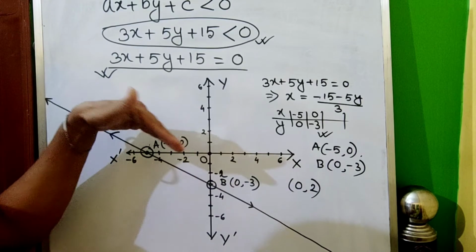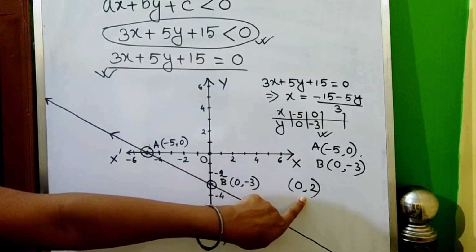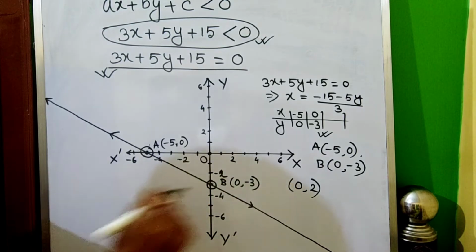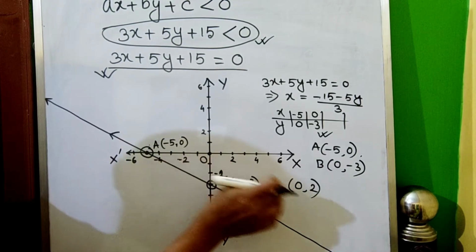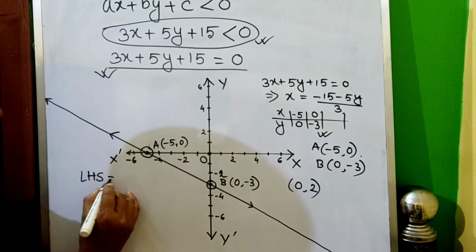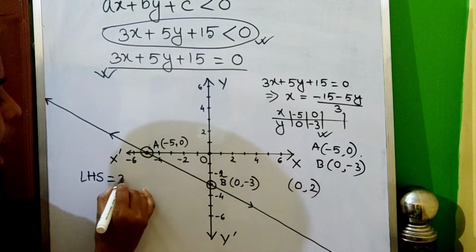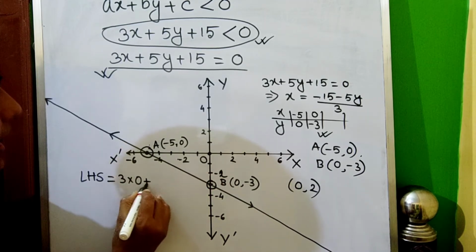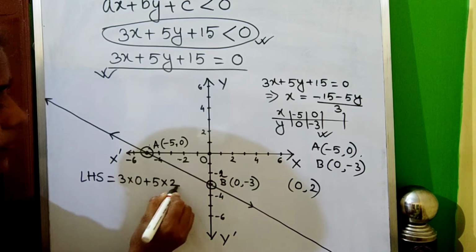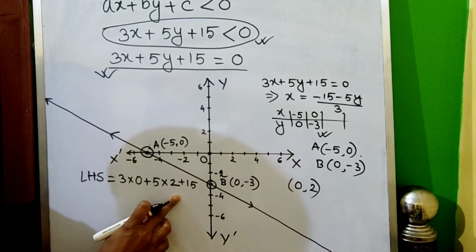I will experiment with 0 comma 2. On the left hand side of the inequality, we put this value in place of x and y. So it's 3 into 0 plus 5 into 2 plus 15. This is the calculation I am doing.